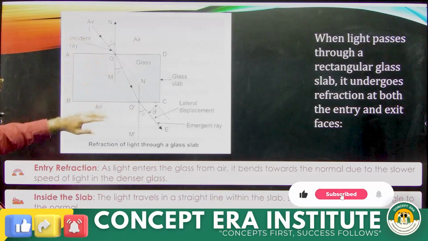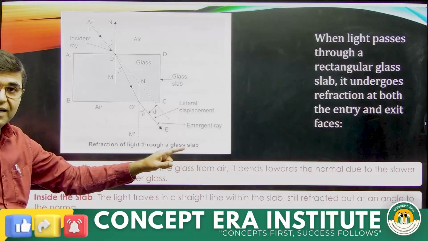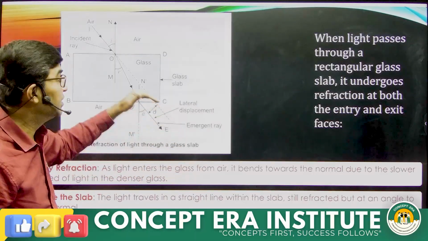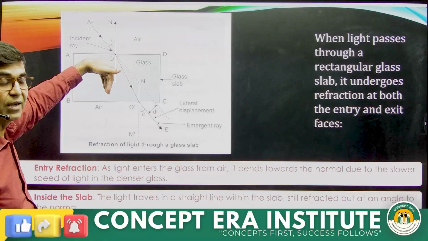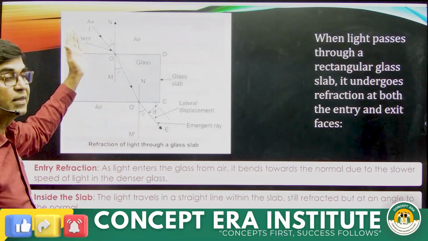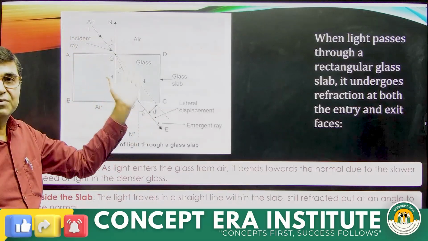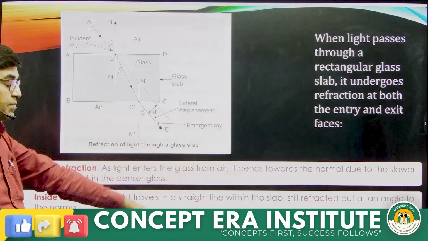At entry, the light enters the glass from air, and as the glass has a higher optical density, the refracted ray of light will bend towards the normal. Inside the slab from O to O dash, the density of the glass is the same throughout, therefore the light is traveling in a straight line.